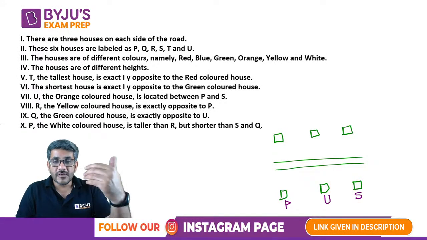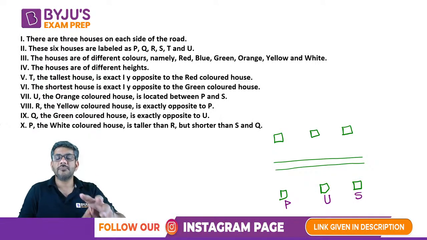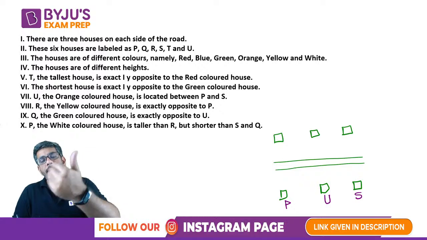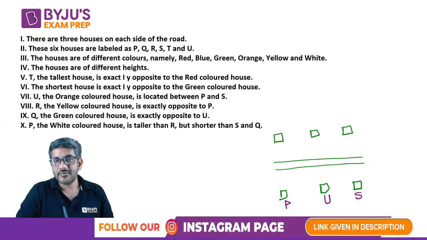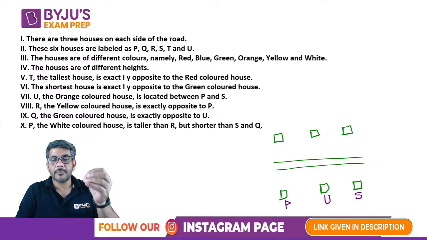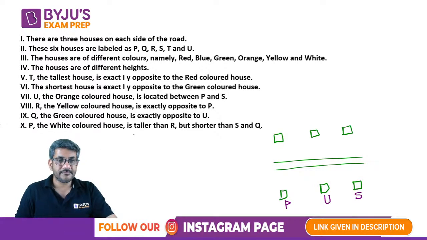Therefore, on whichever side of the road you take them doesn't make a difference. Moreover, U is between P and S, so whether you write P on this side and S on that side, or P on that side and S on this side, again it would not make a difference, because right and left are not being discussed at all. The point is U should be between P and S, which I have already put.